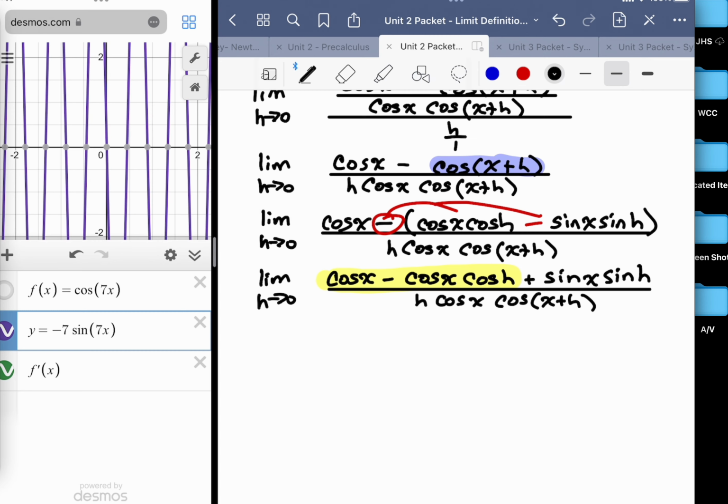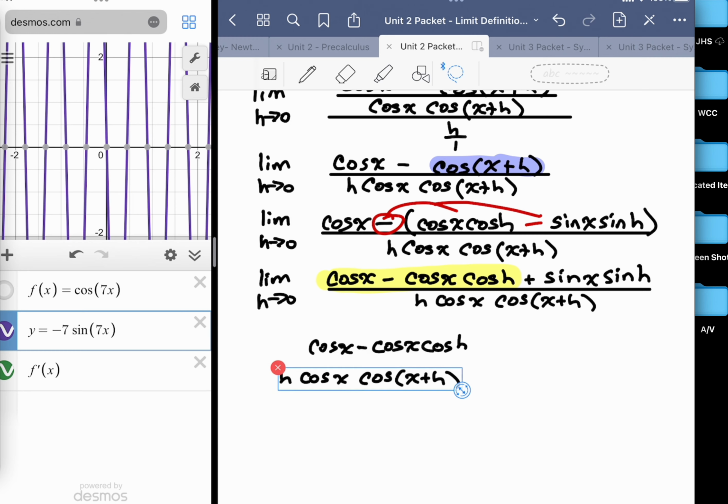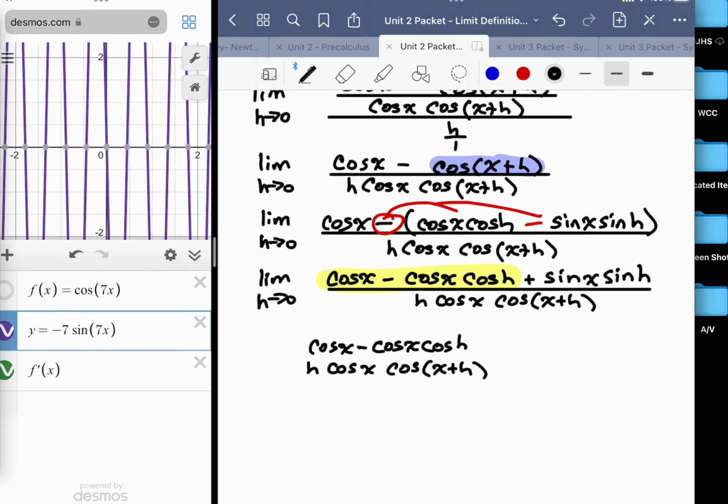So I'm going to write it as cosine x minus cosine x cosine h over the denominator plus sine x sine h over the denominator.